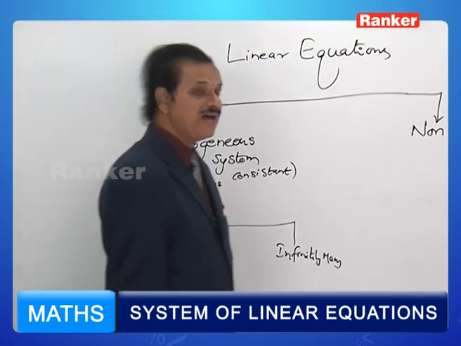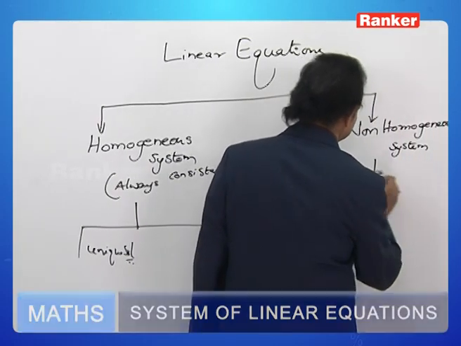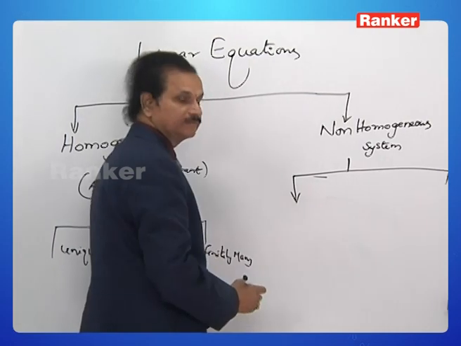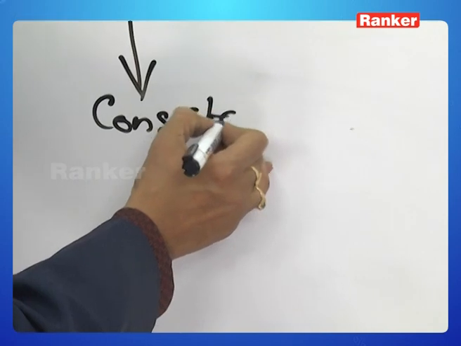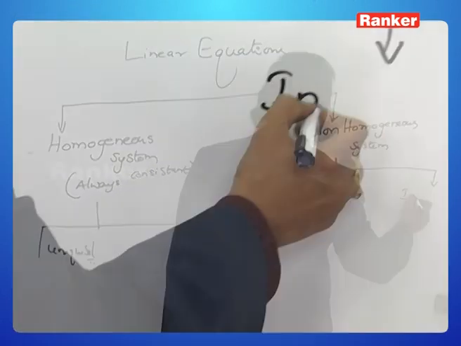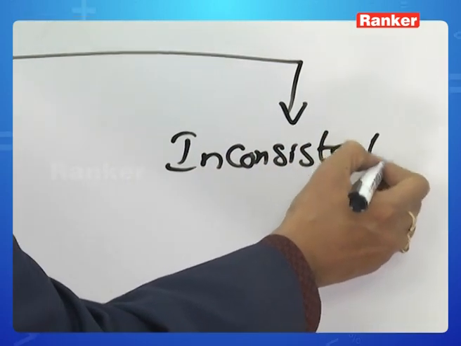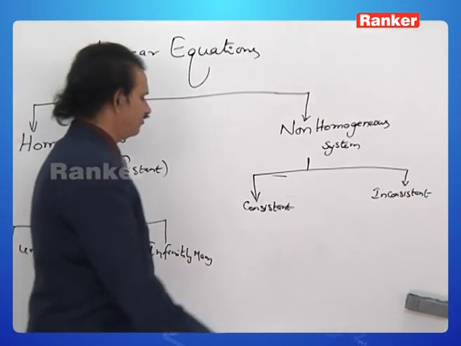Well, non-homogeneous system, and here again there are two cases: consistent, inconsistent. Inconsistent means no solution at all.